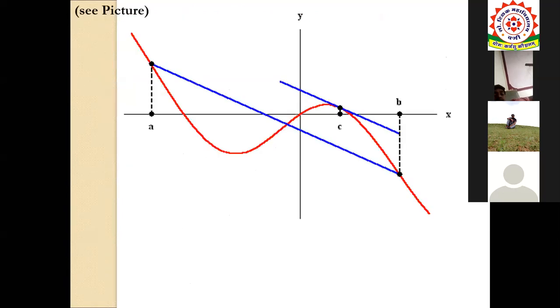Simply, graphically, if we see two points a and b, with f of a and f of b.